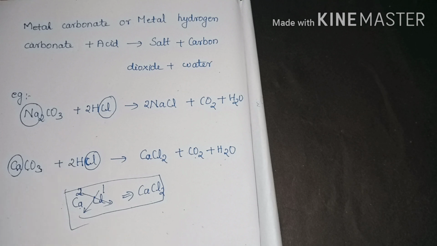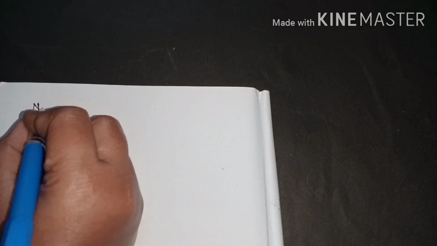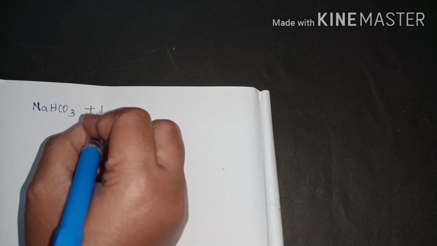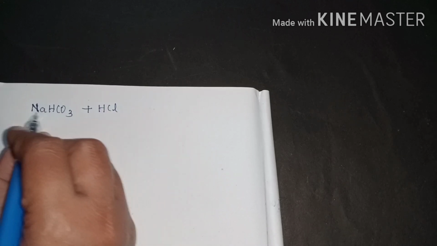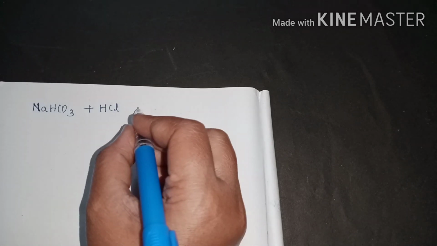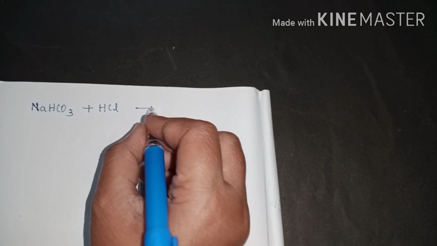Next example is the reaction of sodium bicarbonate, NaHCO3, with hydrochloric acid. Sodium hydrogen carbonate or sodium bicarbonate on reaction with hydrochloric acid gives salt plus carbon dioxide plus water.